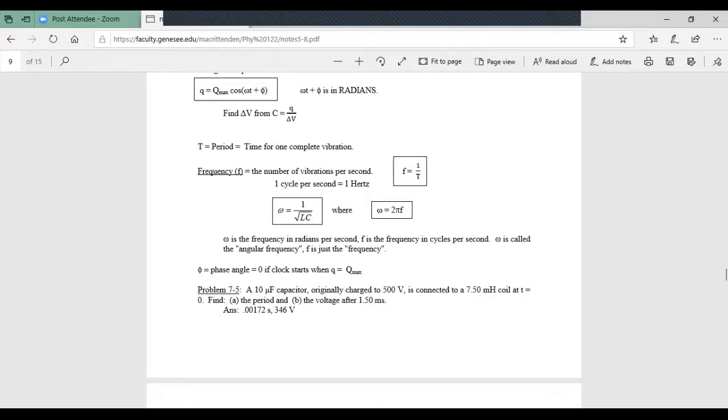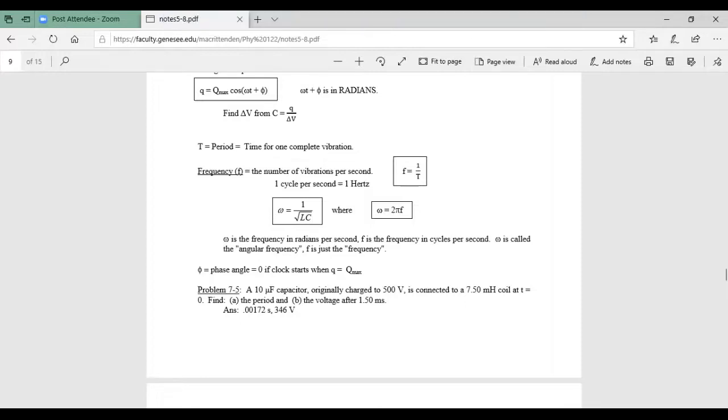To get the voltage, you'll have to divide by the capacitance, as we already did before in one of these other sample problems.